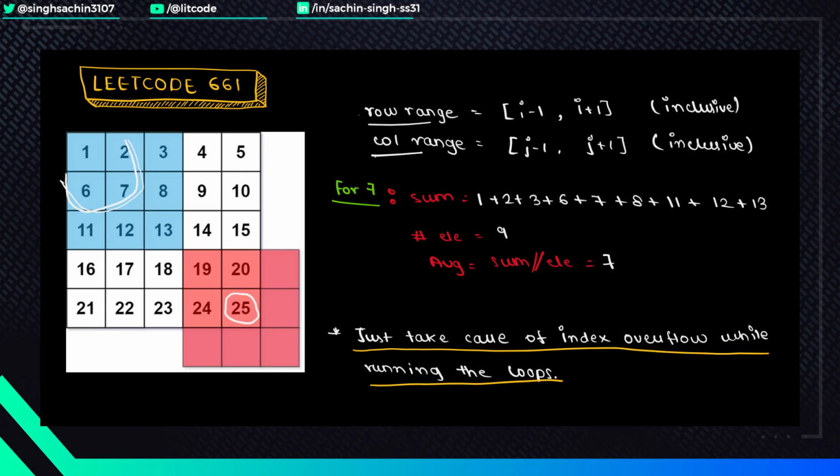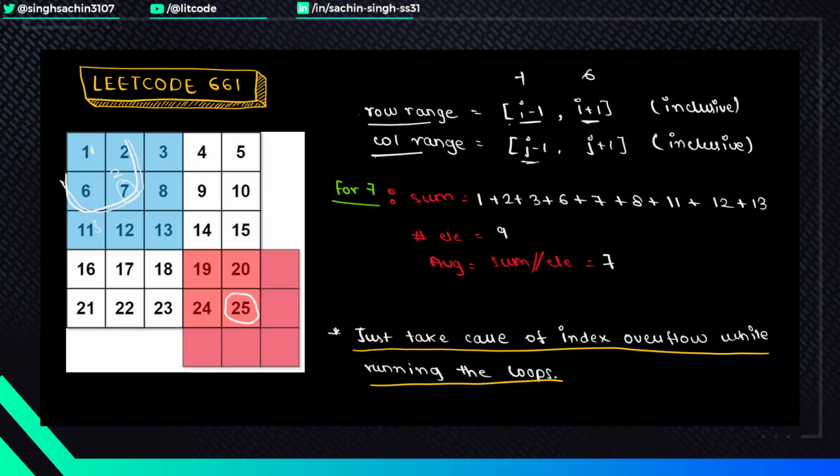For example, if we talk about 7, 7 is in row number 2. I'm just talking general mathematics. So we have to consider 1, 2, 3. But any of the numbers picked should be valid. We cannot have -1, or let's say the size of this matrix was 5 cross 5, we cannot have 6 over here.